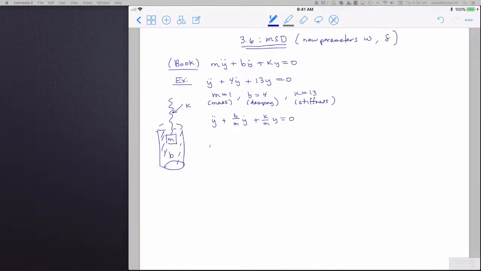And then they'll turn this second order differential equation into a system using the following method.